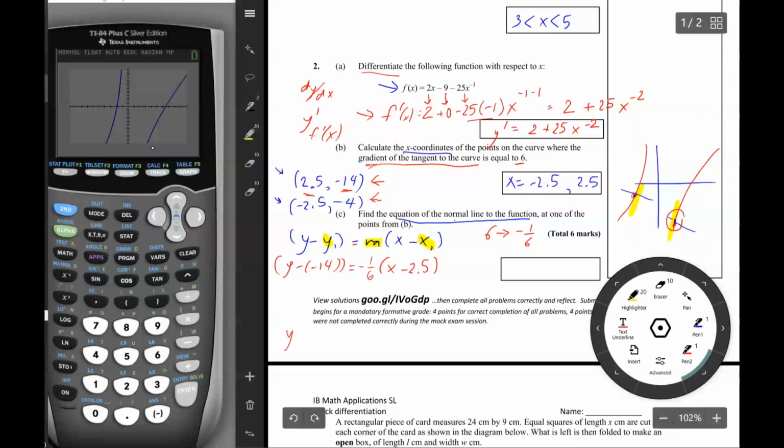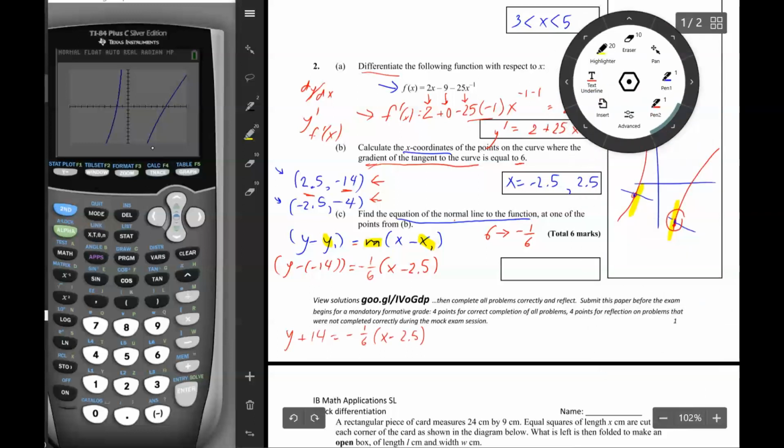If I wanted to simplify it, I could write y plus 14 equals negative 1/6 times x minus 2.5 in parentheses. Now if I wanted to do the other point, remember I could do the point negative 2.5 comma negative 4. It would look similar.